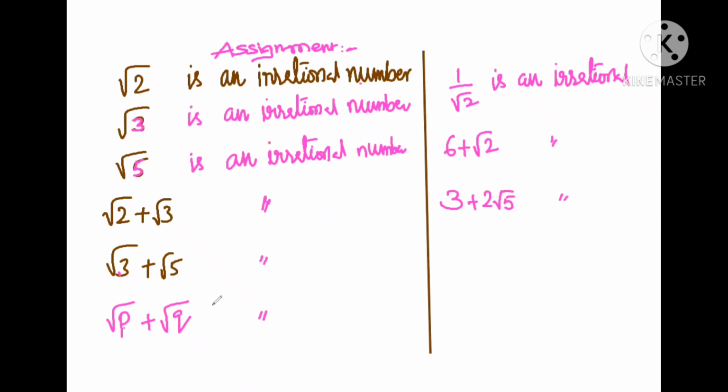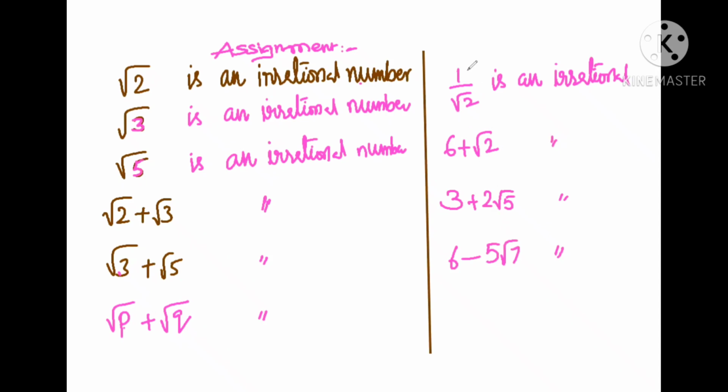So we squared both sides, but in this type of problems, prove that 1 by root 2 is an irrational, 6 plus root 2 is an irrational, 3 plus 2 root 5 is an irrational, 6 minus 5 root 7 is an irrational, you need not square both sides.